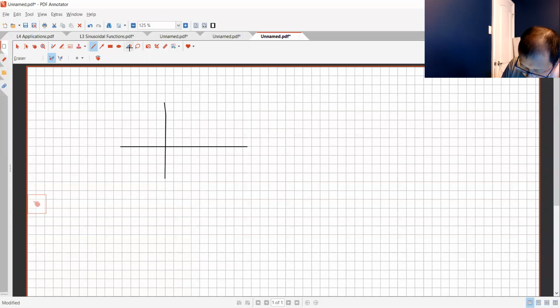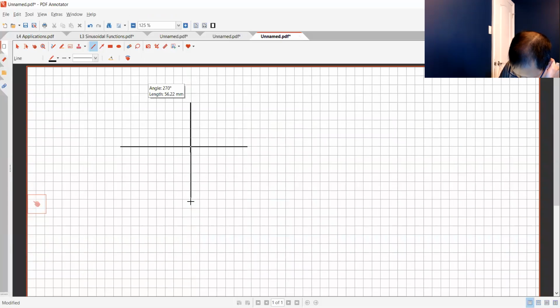I have to delete that. Let's try that again. It's pretty good. And now we need some labels. I'm only going to do one cycle, not the total period. And a lot of you understand where you can get that.